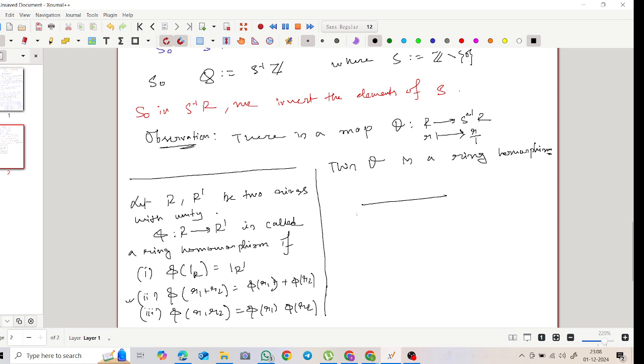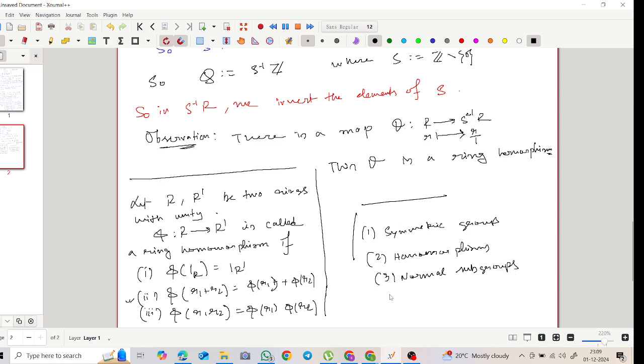Which of the topics are you comfortable with? In group theory: symmetric groups, homomorphism, normal subgroups. Are you comfortable with this?